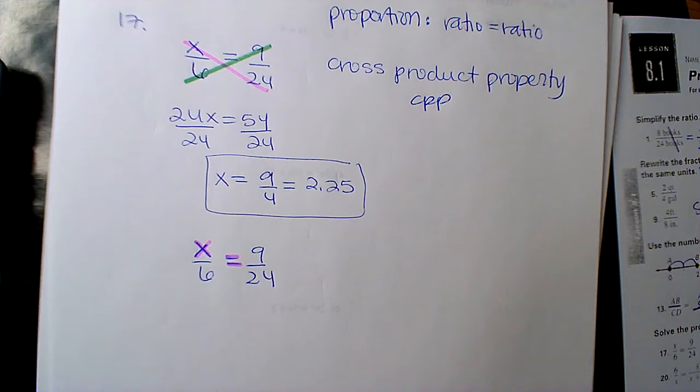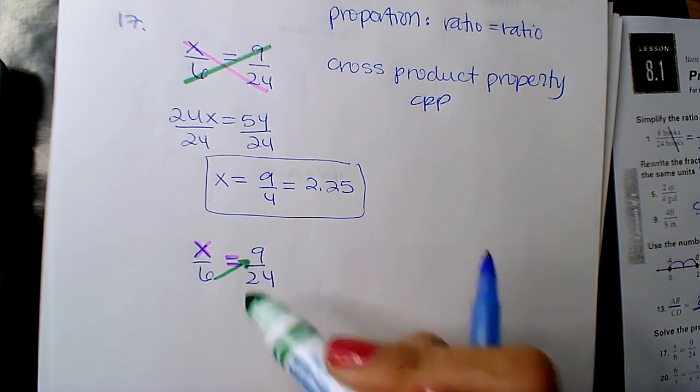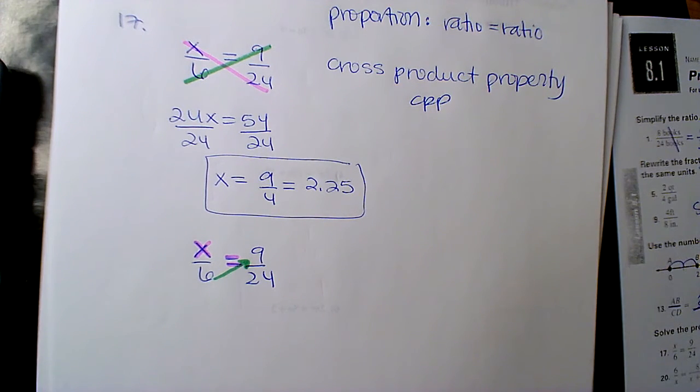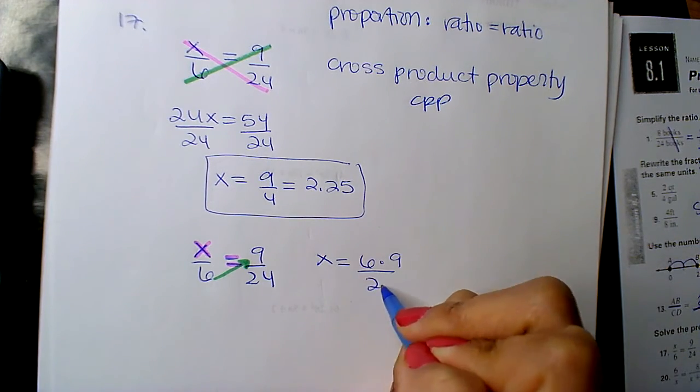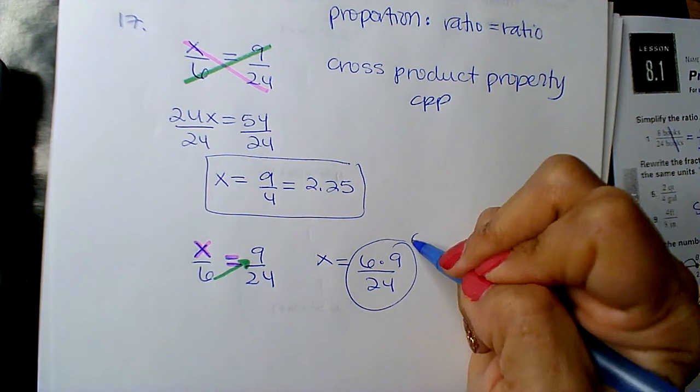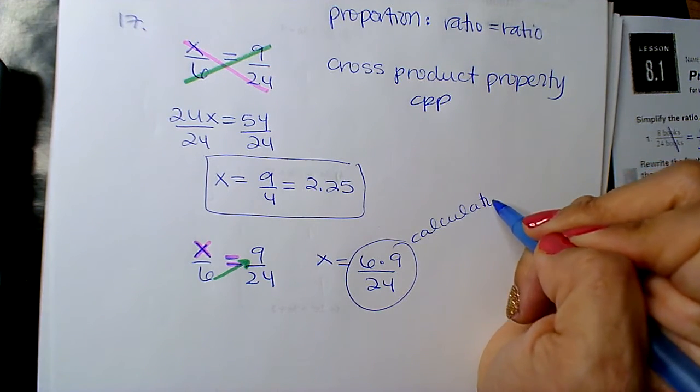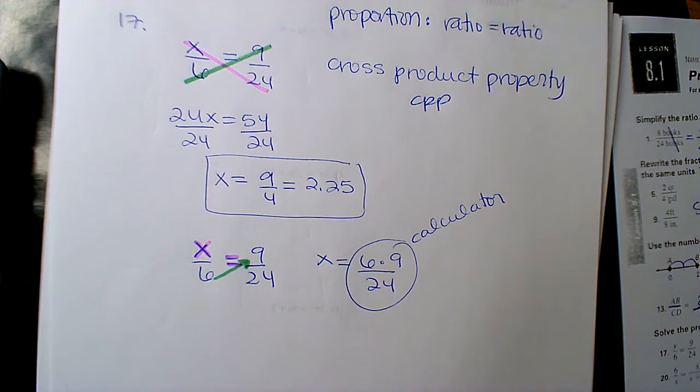No, you can only do one of them. So what if you just took the 6 and brought it up? I would get x is equal to 6 times 9 all over 24, and then you can throw all of this into the calculator.